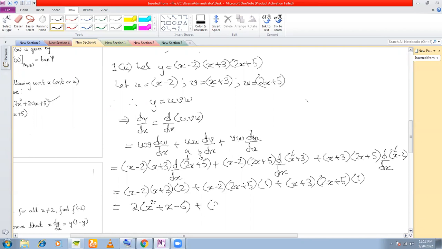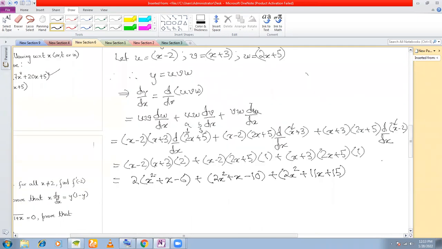You can multiply this here: 2x squared plus 3x minus 2x gives x minus 6, plus 2x squared plus 5x minus 4x gives x minus 10, plus 2x squared plus 5x plus 6x gives 11x plus 15. And you can add these to get 6x squared plus 14x minus 7. This is the required differentiation.